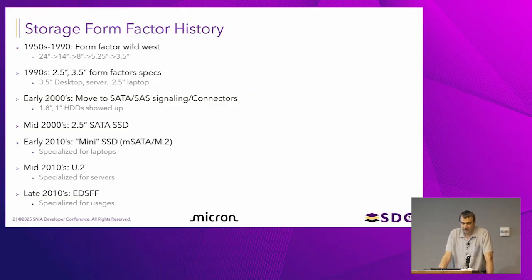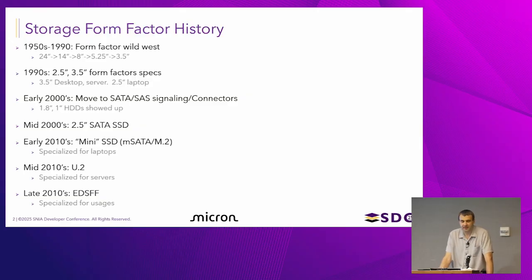Then we saw the move to SATA, SAS, etc., and signaling connectors changed, and then we even saw smaller form factors at that time. I don't know how many of you had the iPod Gen 1. You know, that was a nice small form factor HDD to begin with. And then we started seeing the SSD creations, and that's where we had the 2.5-inch SATA SSD.